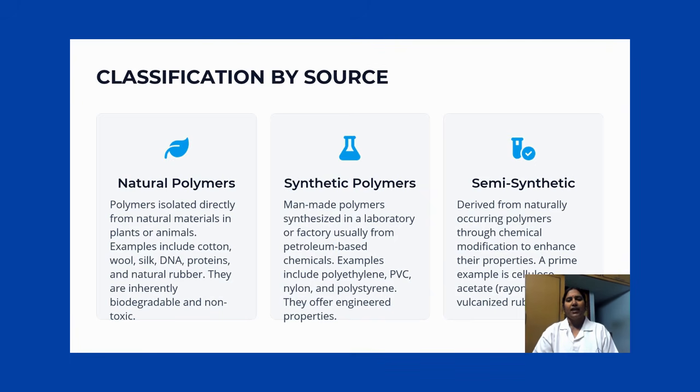Synthetic polymers are man-made polymers synthesized in a laboratory or factory, usually from petroleum-based chemicals. Examples include polyethylene, polyvinyl chloride, nylon and polystyrene. They offer engineered properties. Semi-synthetic polymers are derived from naturally occurring polymers through chemical modification to enhance their properties. The primary examples for this are rayon and vulcanized rubber.